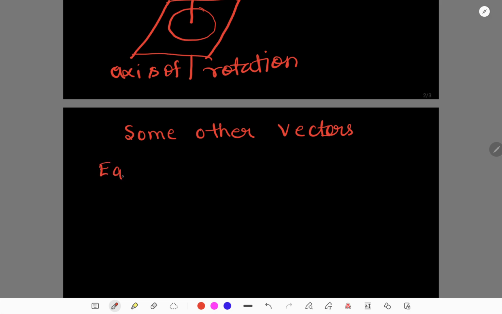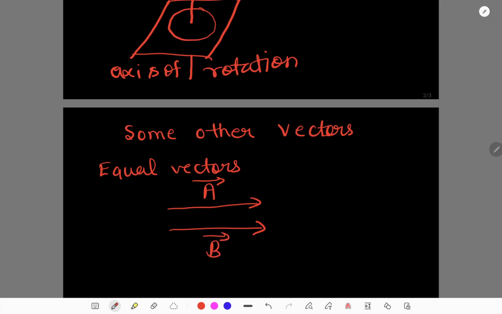Equal vector. We can say that if two vectors are equal, then they have the same magnitude and the same direction. You can see that vector A and vector B have the same magnitude and same direction.